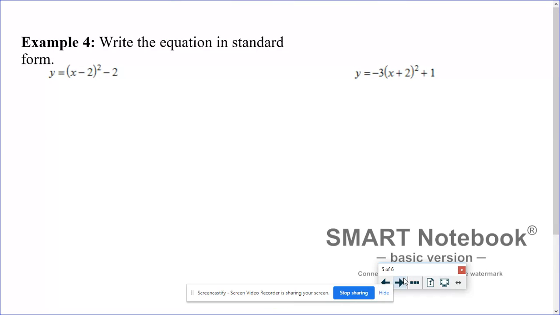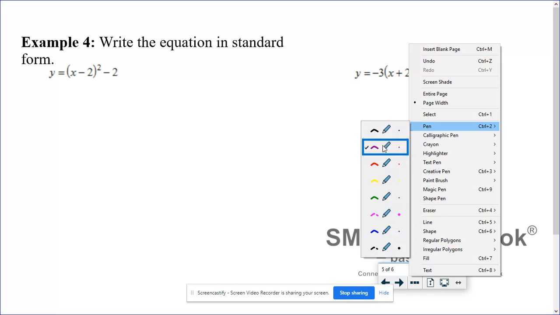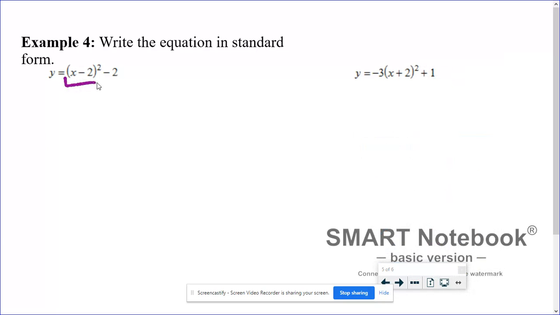When you write an equation in standard form from vertex form, essentially you're just doing the operations you need to do to break it all open. So for this one, the first thing I would do is FOIL the x minus 2 squared. So essentially what you've got is x minus 2 times x minus 2.